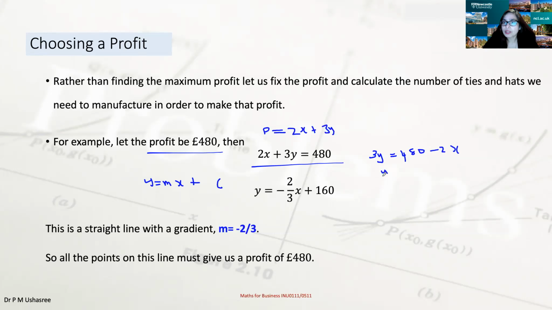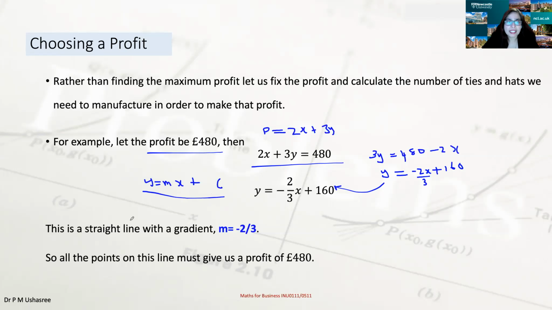And then I'm going to divide the whole equation by 3. So it becomes y equals minus 2/3 x plus 160. And that's what I've written here.